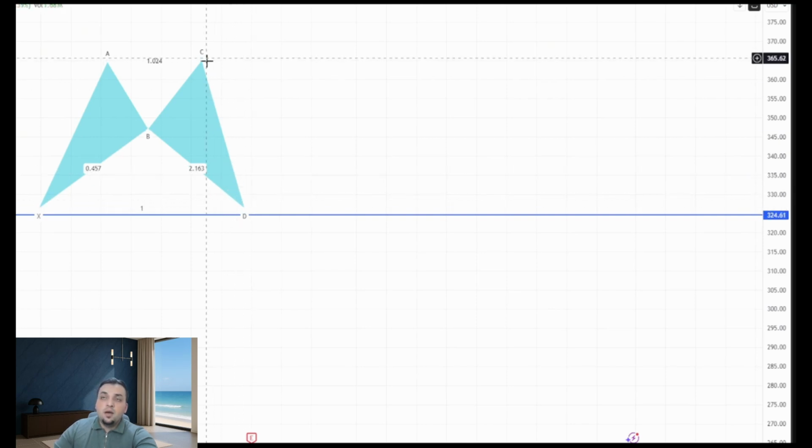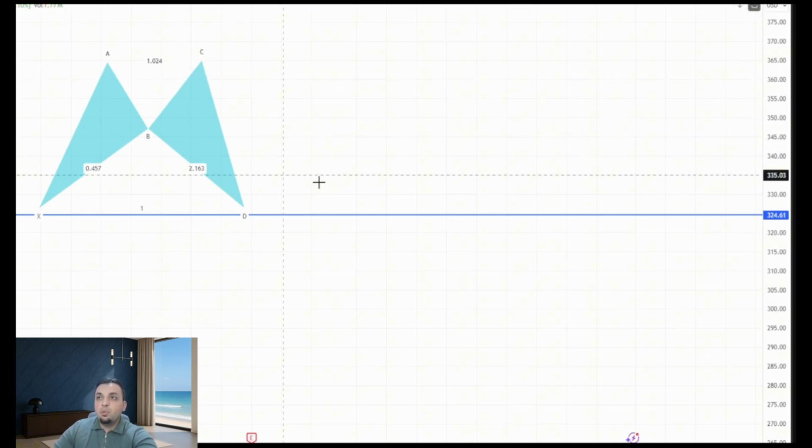So once we have the C to D leg finished, we need to search for a bullish signal. Okay, the pattern formation itself is not the signal itself. It only says, okay, listen, we may have a bullish move. Now, from what price do we actually enter? This is different, but we're gonna touch that in this video.